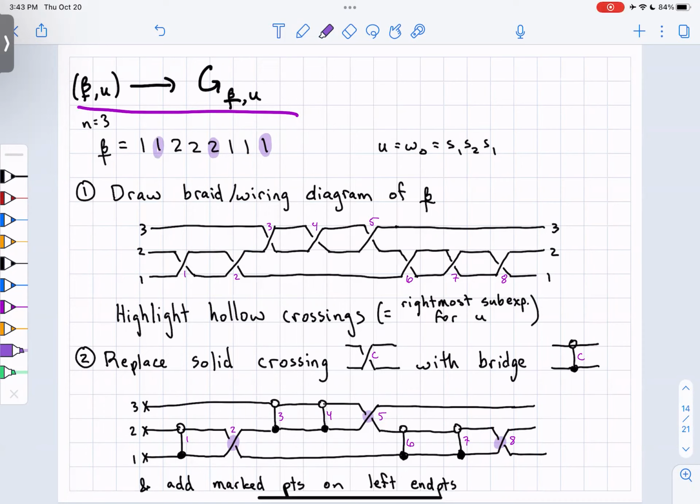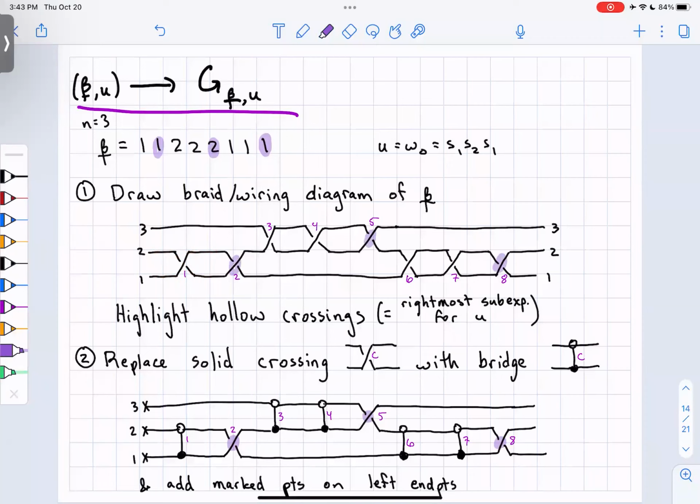To get my bicolored graph, the first thing I'm going to do is draw the wiring diagram of my braid word, except it's actually the braid diagram, because I don't want to think about this in a plane. I want to think about it in 3 dimensions. It's just like the wiring diagram, except this strand is going to cross above this strand in 3 space. I also want to mark the hollow crossings here.